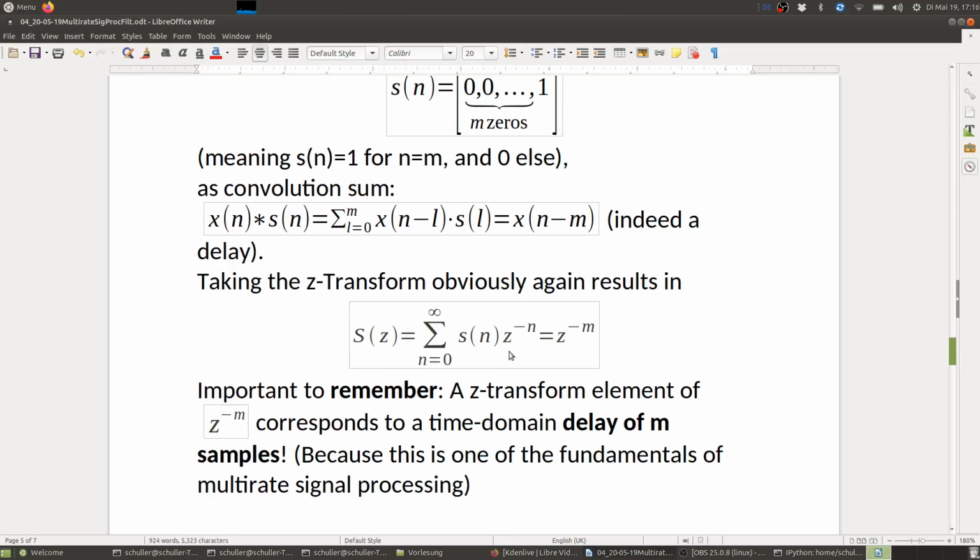We see that the z transform is again z to the minus m. So basically this confirms that a multiplication by z to the minus m corresponds to a delay by m samples. So this is to remember: a z transform element of z to the minus m corresponds to a time domain delay of m samples. And this is one of the fundamentals of multirate signal processing.